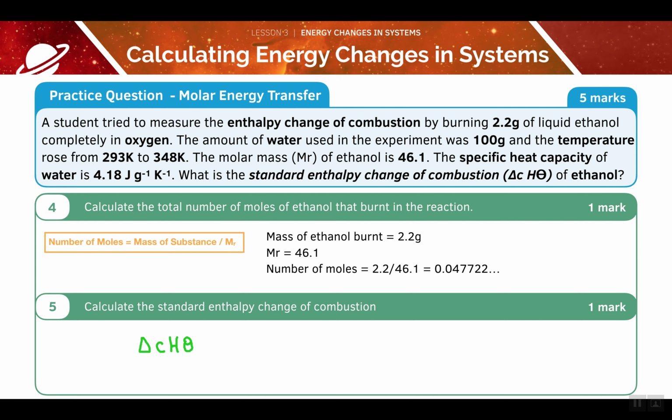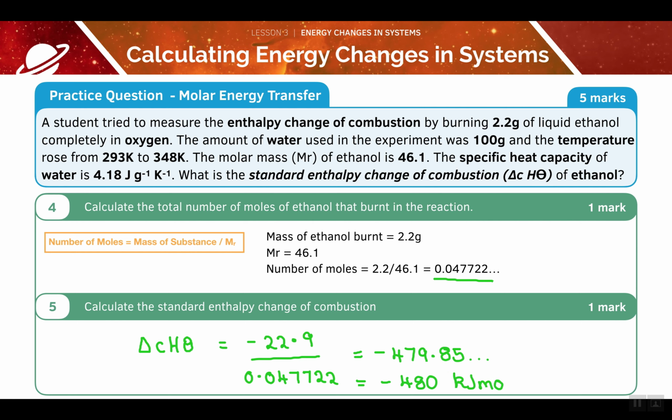So what we need to do is put minus 22.9 over 0.047722, which we found here, and this will give us a value of minus 479.85. So we're going to say that it's equal to minus 480 kilojoules per mole to 3SF.